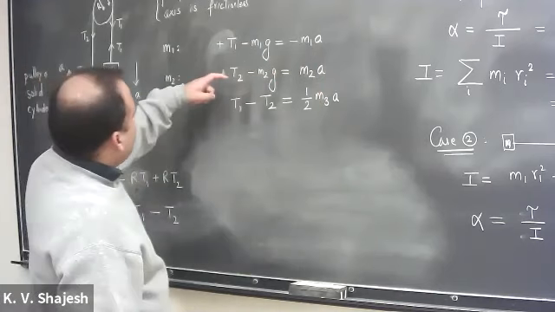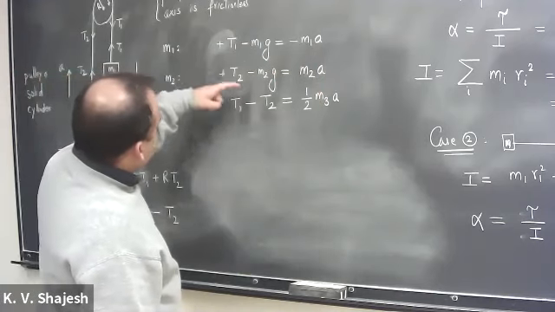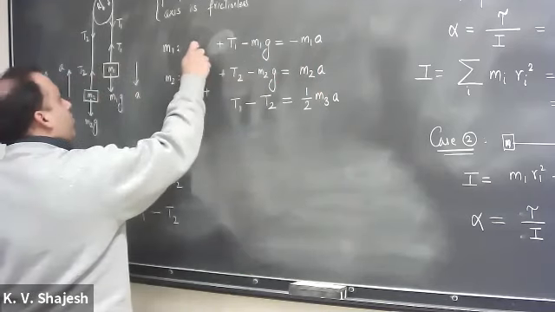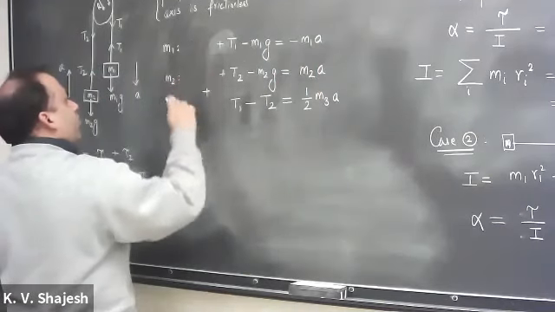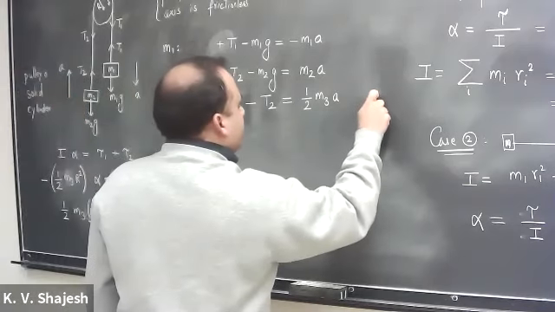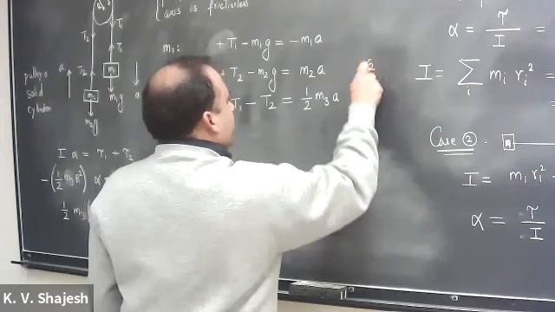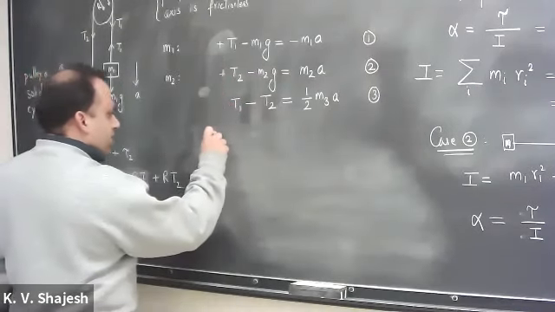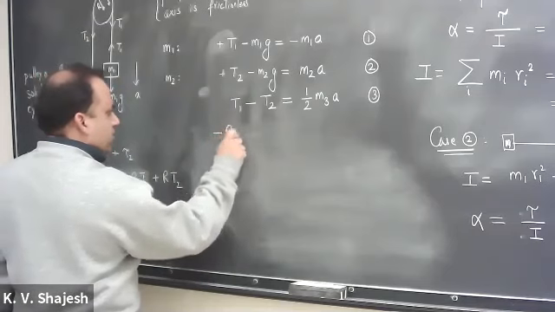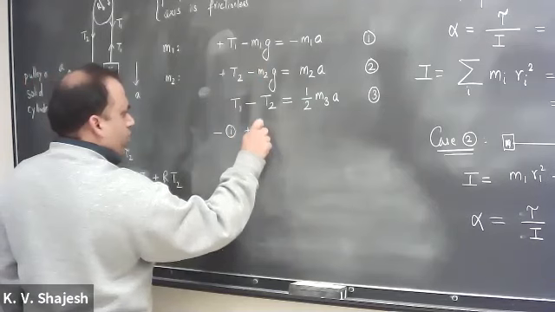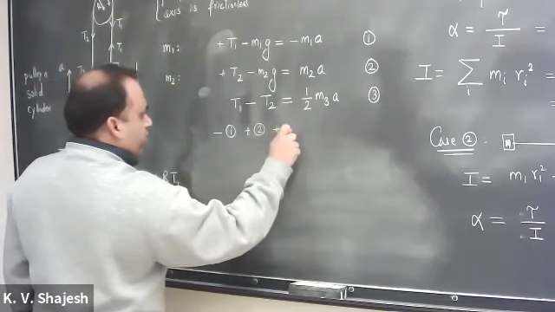So that means to say, this is T2 and minus T2 will cancel out. But this one I want to subtract. So let me write this down. So this is 3, 2, 1. What I'm doing is I'm subtracting 1, minus of the first equation, plus the second equation, and plus the third equation.